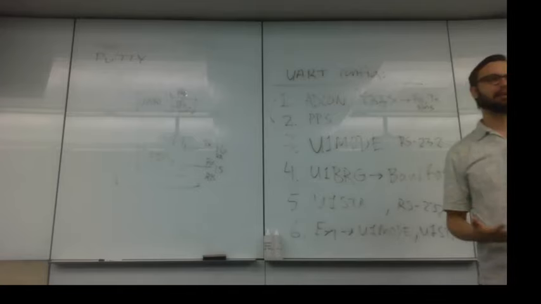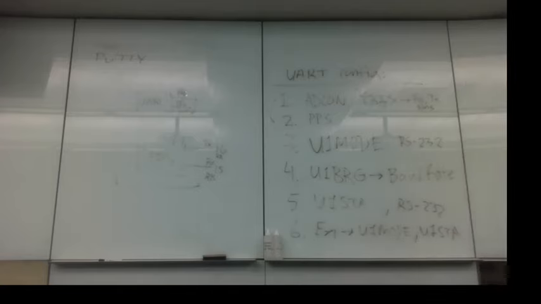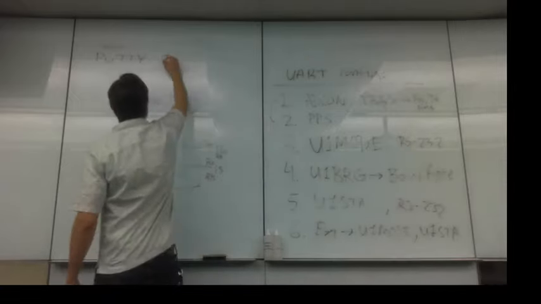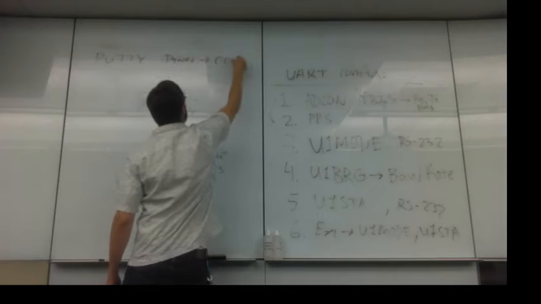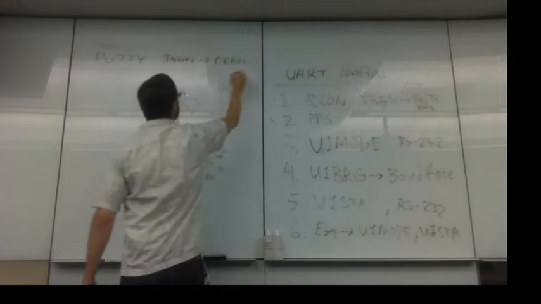Now we're going to be connecting serial ports through USB as well. And so the USB has a driver in the Windows computer. If you look at the Device Manager window, you can find what the driver is mapping the USB port to. A lot of times the driver will map to COM0 in Windows.